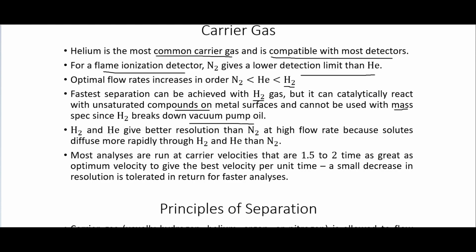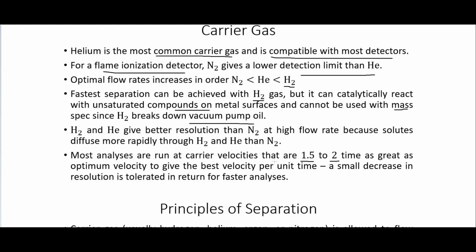Hydrogen and helium give better resolution than N2 at high flow rate because these solutes diffuse more rapidly through the H2 and He than they do through the N2. Most analyses are run at carrier velocities of about 1.5 to 2 times as great as the optimum velocity because this gives us a better unit time.